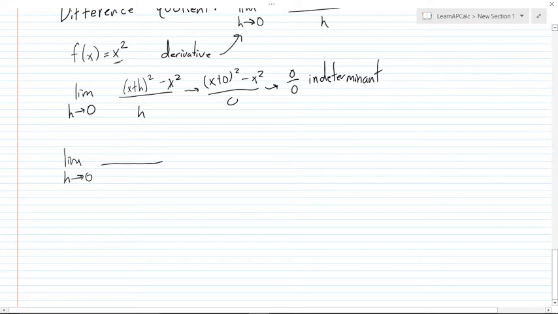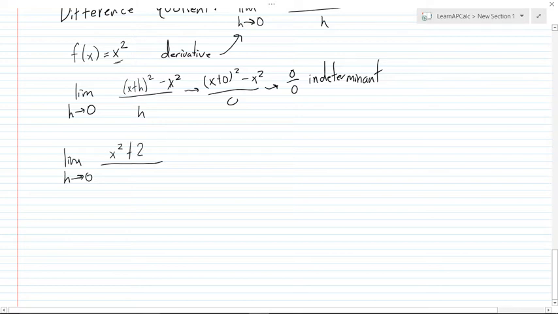Now that's not always true. If I had x squared plus 5x to the 5th to the 14th power, don't multiply that out. That's going to take you forever. There's probably a much easier way. Here it's simple enough, so we're just going to multiply it out.